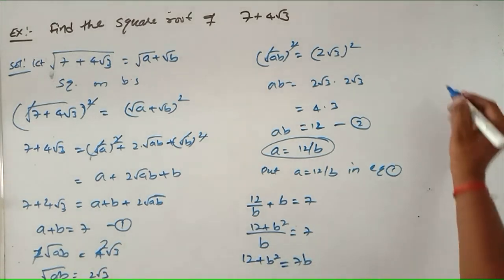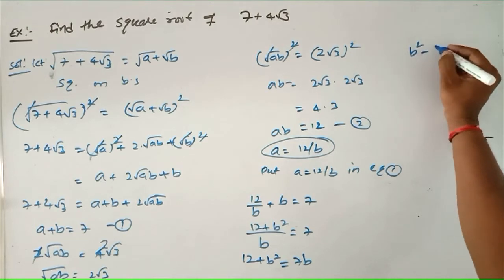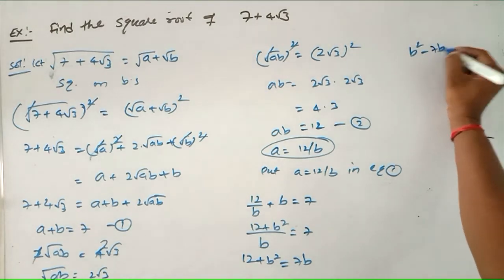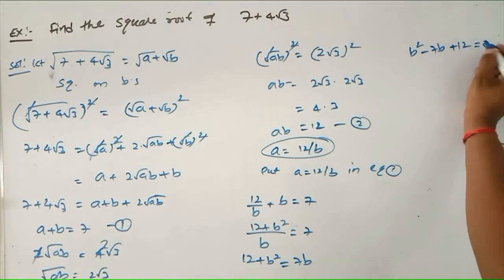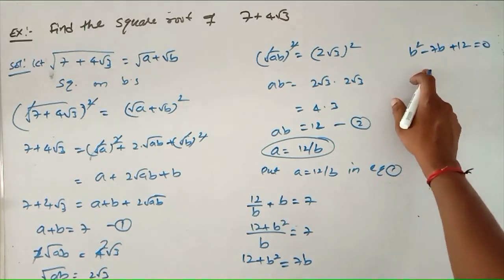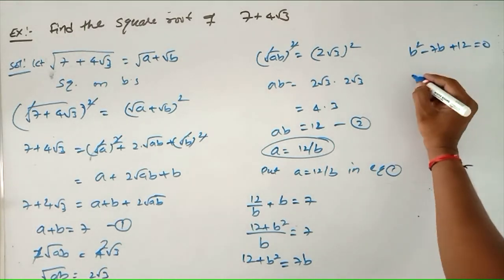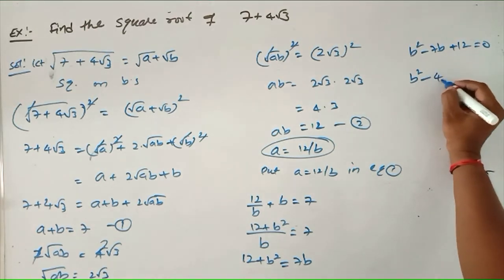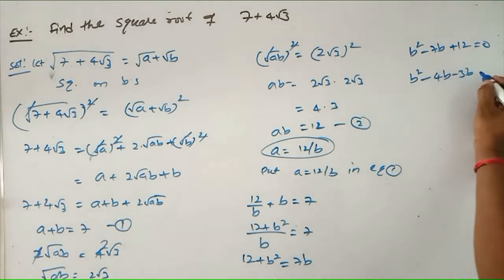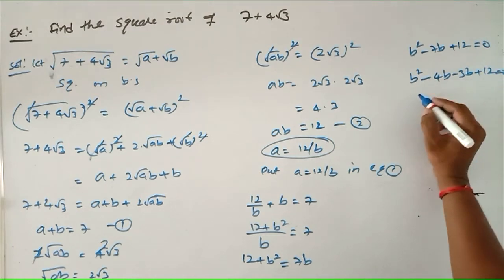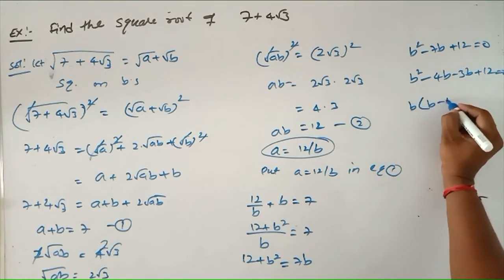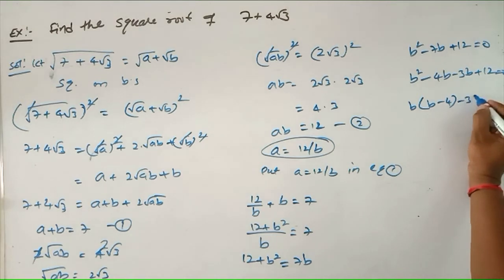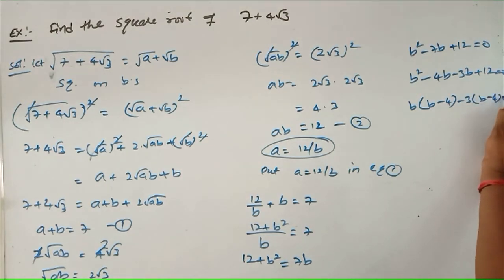Now write in order. b square, this 7b I am taking to the left side, that is b square minus 7b plus 12 equal to 0. Now factorize this. After factorization, I am going to get b square, 12 factors are 4 into 3, that is minus 4b minus 3b plus 12 equal to 0. b I am taking common, b minus 4, and minus 3 I am taking common, b minus 4 equal to 0.